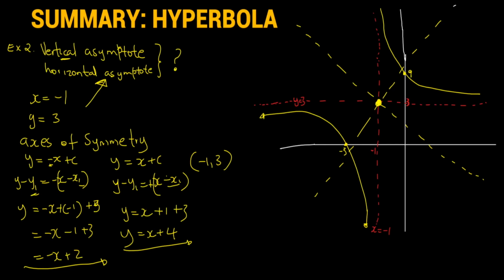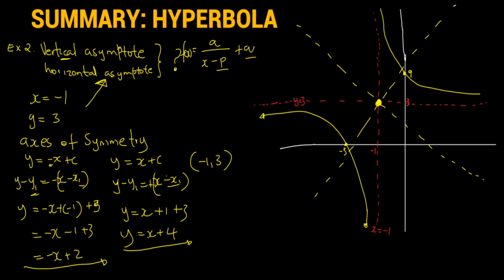And then the other question will be, what is the value of a? For example, you will be given your equation as f of x equals a over x minus p plus q, and they will ask, what is the value of a? Because you've already calculated the value of p and q. Or the question will be, write down the equation of the hyperbola represented in this figure.